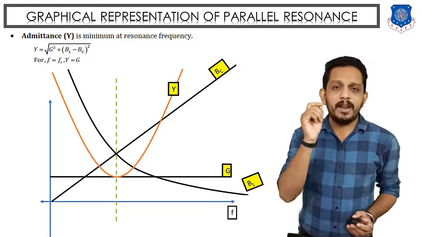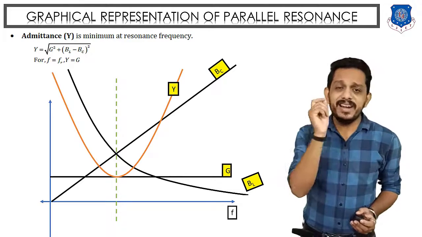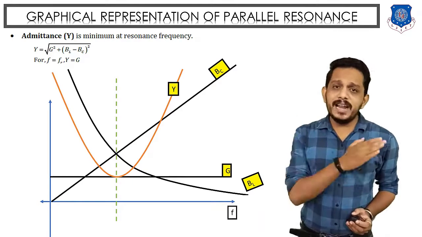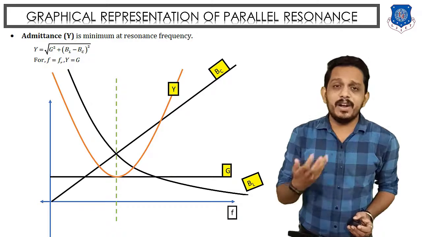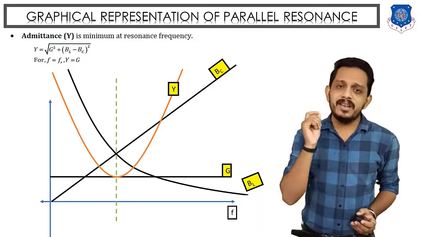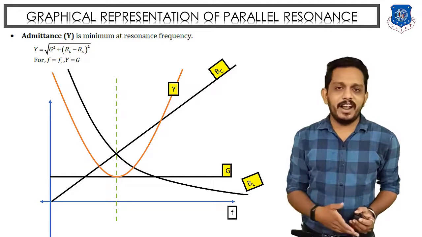At the point where BL and BC intersect each other, resonance occurs. Because if BL and BC cancel out, then the circuit will behave like a pure resistive circuit. And this condition is known as the resonance condition in any type of circuit.